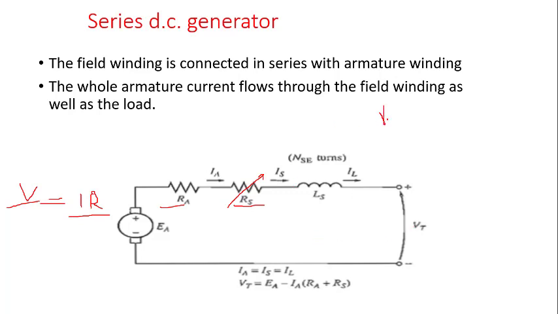So we can get our formula to be VT equals EA minus IA RA minus IA RS. Let me use the letter S, or F, the same thing, representing the field. So now you can see this is how the formula is going to be.